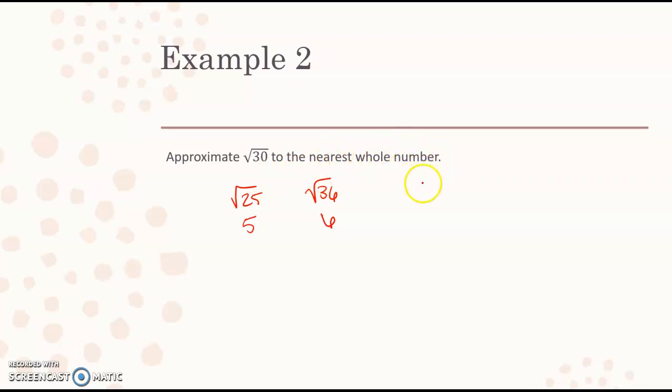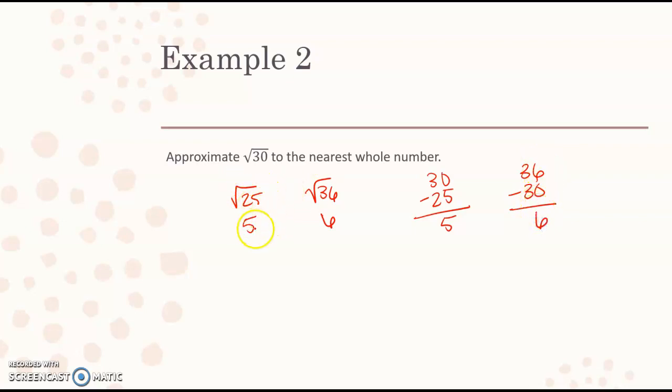So this is how we figure out which one we round to. We want to figure out which one we're closer to. So to do that, we're going to take our number inside our square root and subtract the small number. And then we're going to take the big number minus our number in the square root. And so 30 minus 25 is 5. 36 minus 30 is 6.